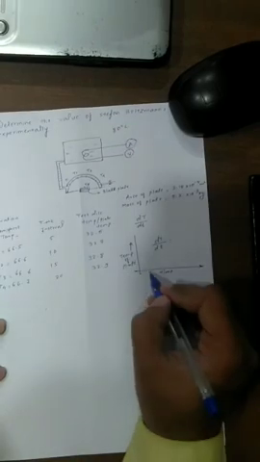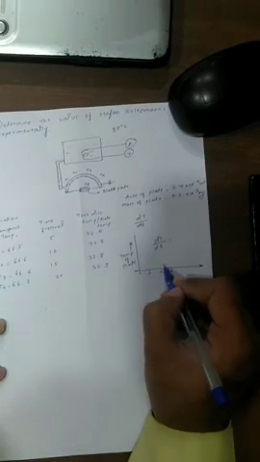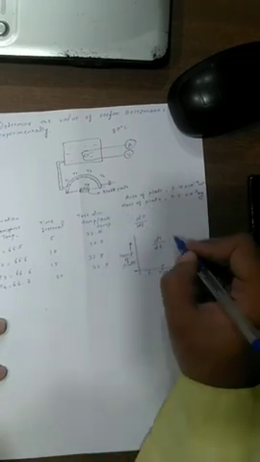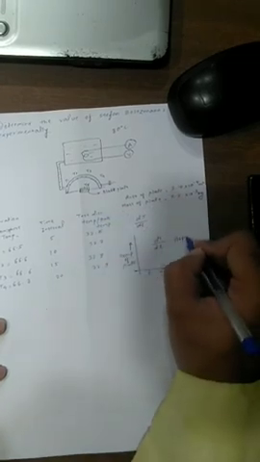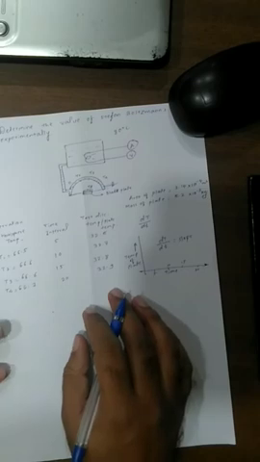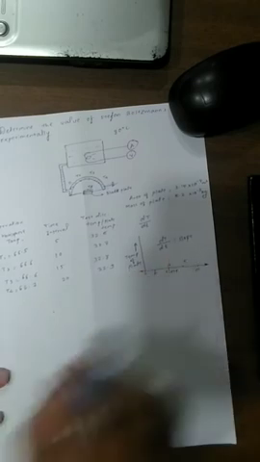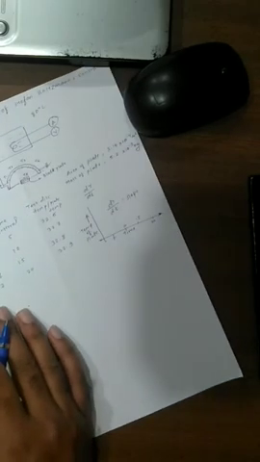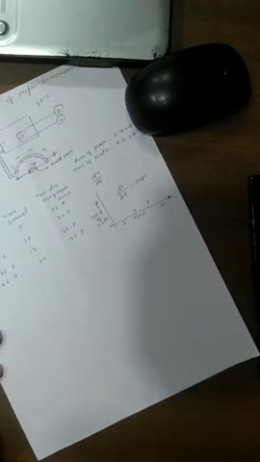So you have 5, 10, 15, 20 seconds and respective temperatures. This will be the slope of the curve. Why is it required? It is required for the heat balance equation.